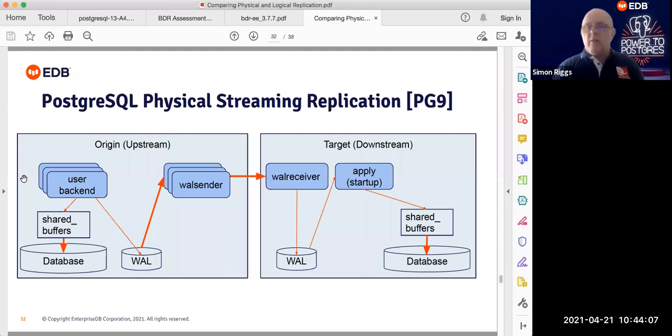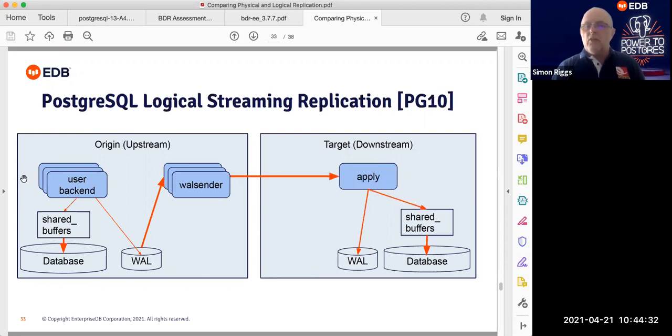That WAL file is then read by the startup process, and those changes will be applied to the database. So there are some dedicated processes that spend all of their time sending data from one server to the other, and that's why we're able to do low latency replication, what we call streaming replication.